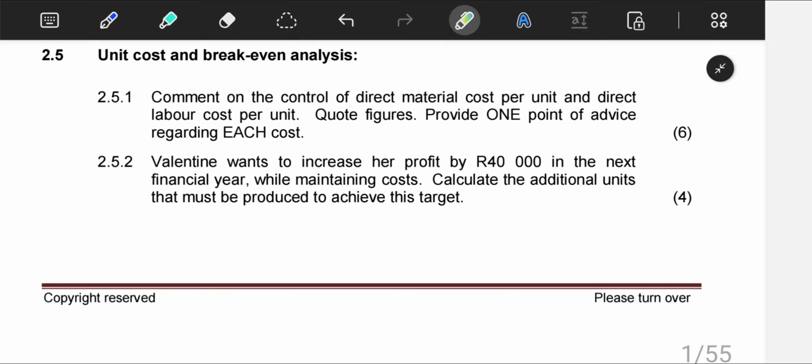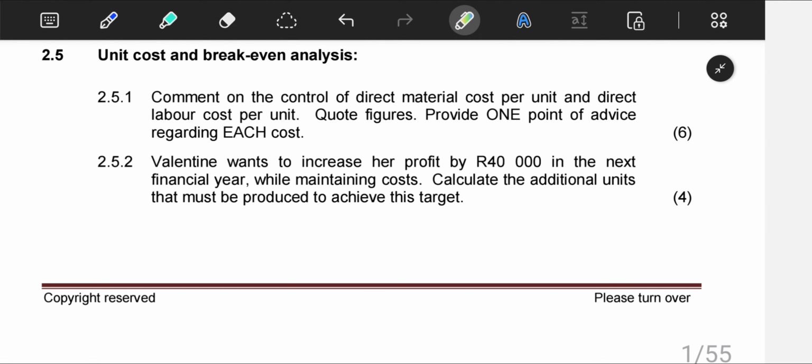Now that you have additional profit that you want to make, obviously you have to produce more units, so that they sell, and then you make additional profit on top of what you are making now. If you still produce 4,000 at the very same cost maintenance, it means that you're still going to make the very same profit. So if you need to make extra, you have to produce extra.